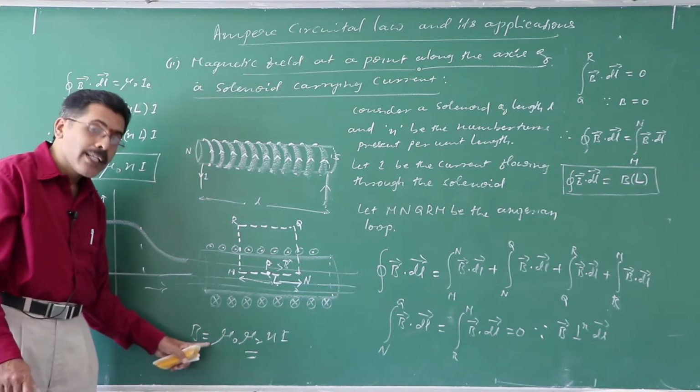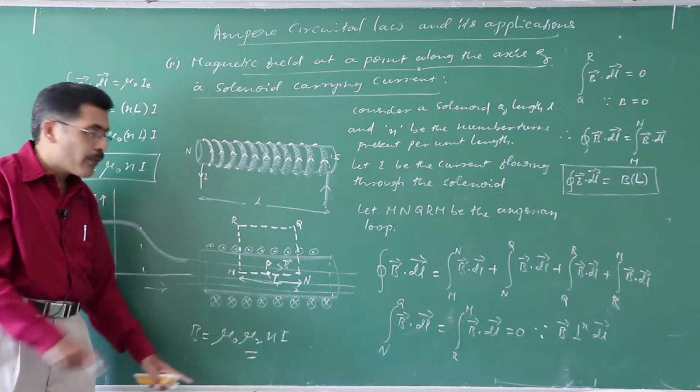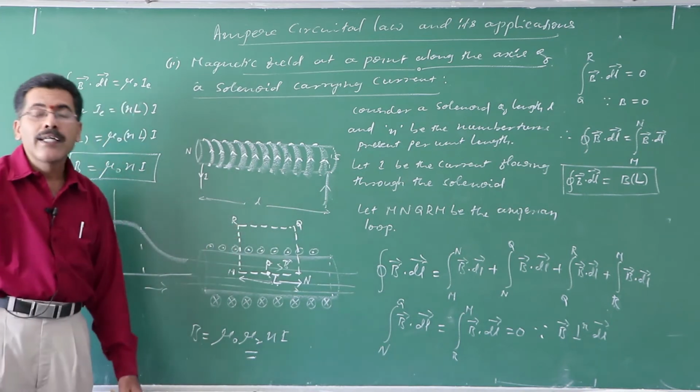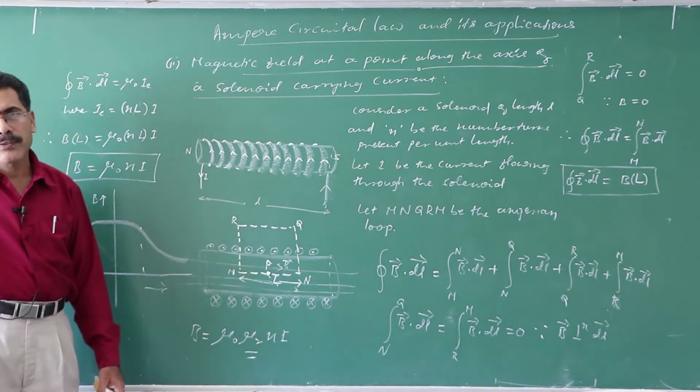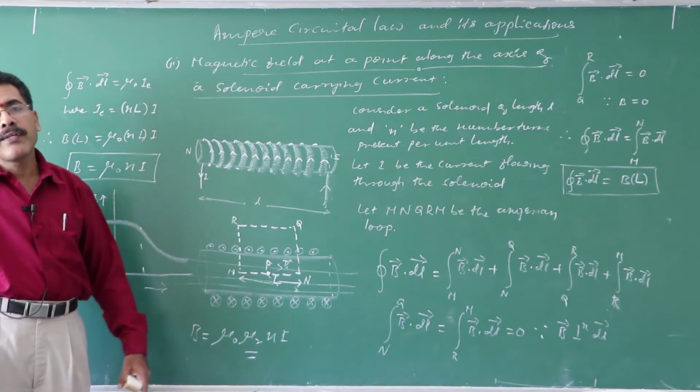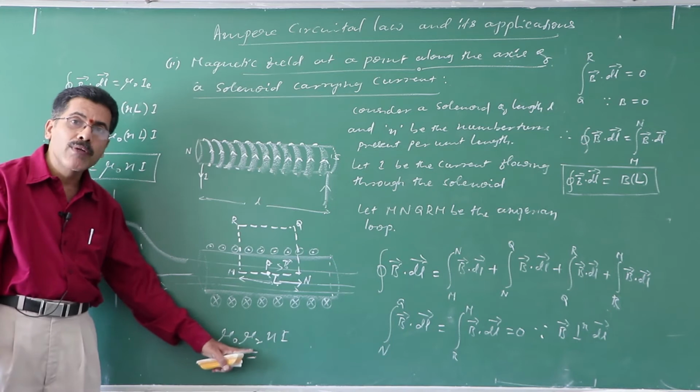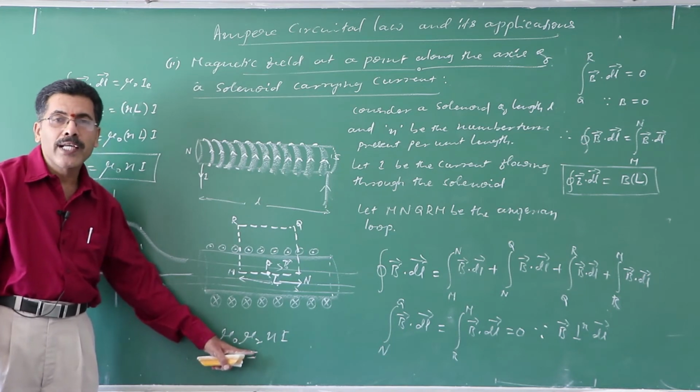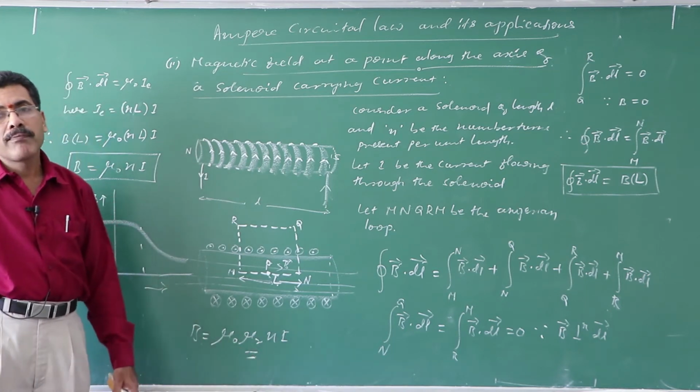Therefore, the magnetic field strength increases. If you keep iron wires inside, the magnetic field strength increases. It gets magnetized because iron has a very high value for mu r. It's more than 1000. It has very high magnetic permeability, relative permeability.